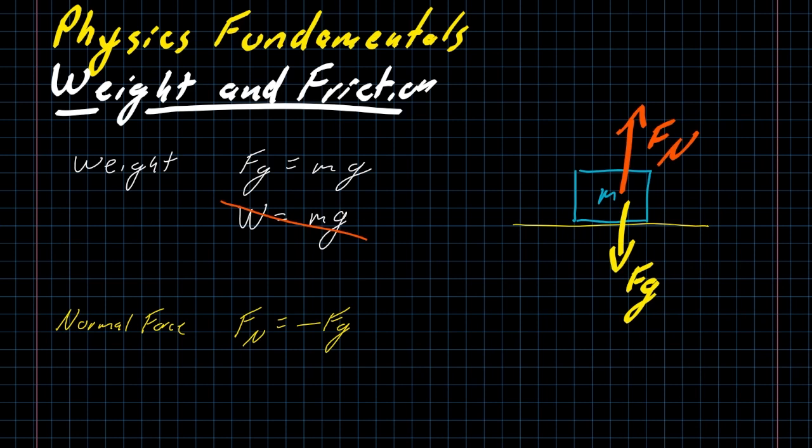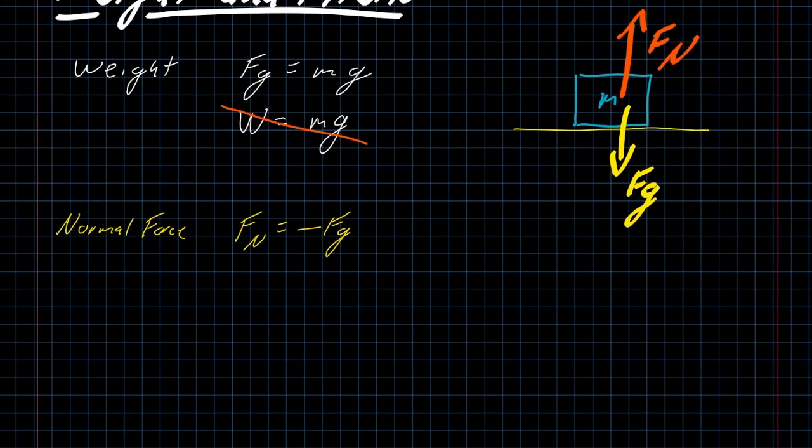But if we have that the normal force and the gravitational force are equal and opposite, then we know that the net force is zero. The object neither floats up nor sinks down in, which is exactly what we expect to happen, so we're very happy about that.